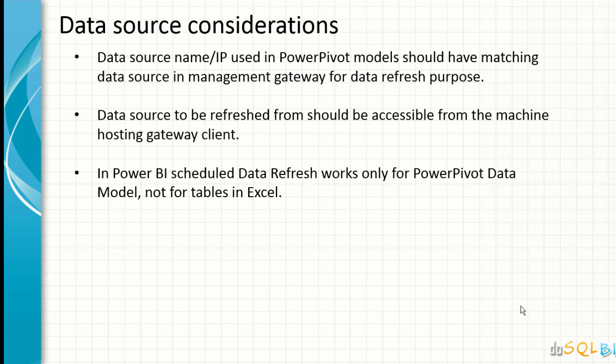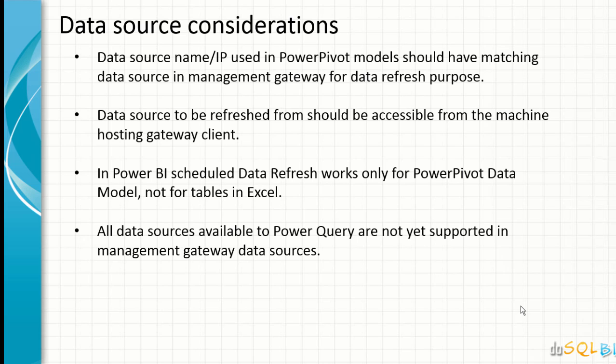In Power BI, scheduled data refresh works for Power Pivot data model, not for tables in Excel. And as we spoke a moment back, Power Query supports a large variety of data sources. When we add Power Query as a data management gateway data source, some of them are not yet supported.